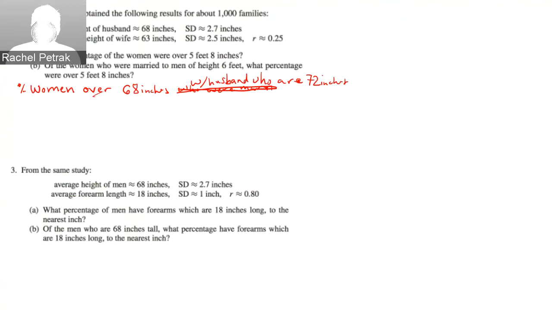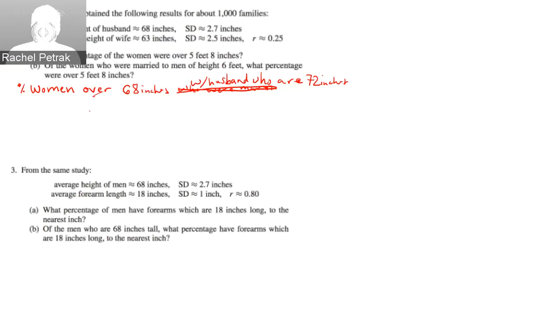So our first step is to find out, of men who are a height of 6 feet tall, what is the standard score? How many standard deviations above average is their height?